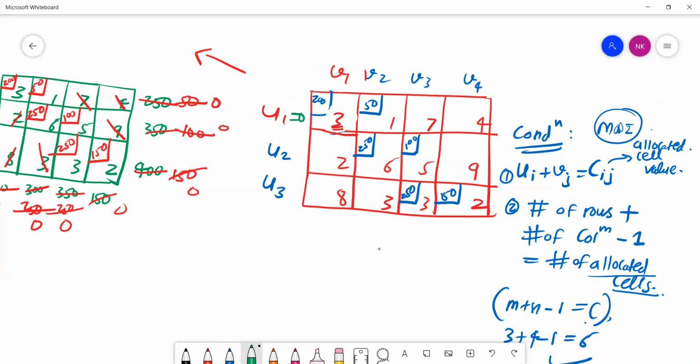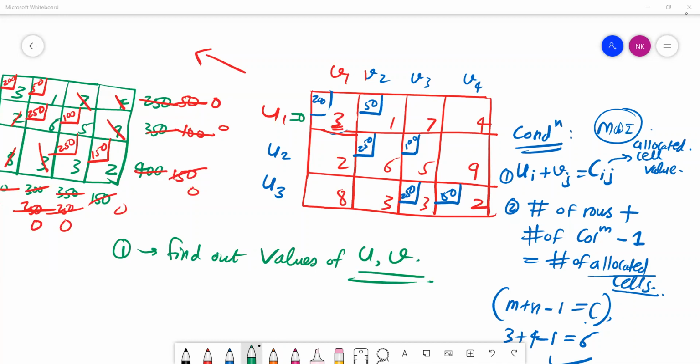Because you need to balance out the values, and the purpose of condition 1 is to find out the values of U and V. You need to find out the values of U and V. This is the purpose of the UV method. In order to find the values of U and V, you need to apply this particular formula.